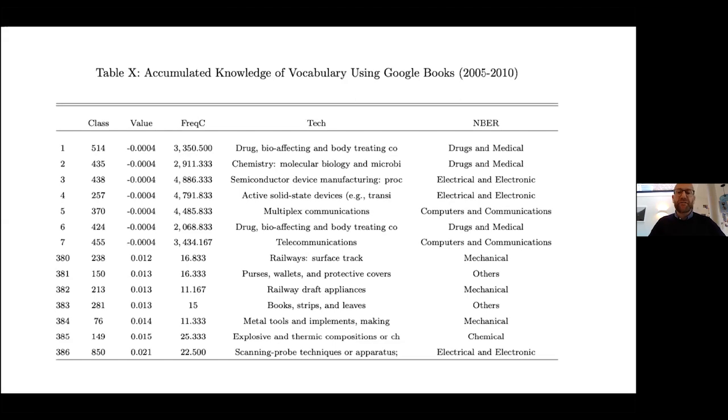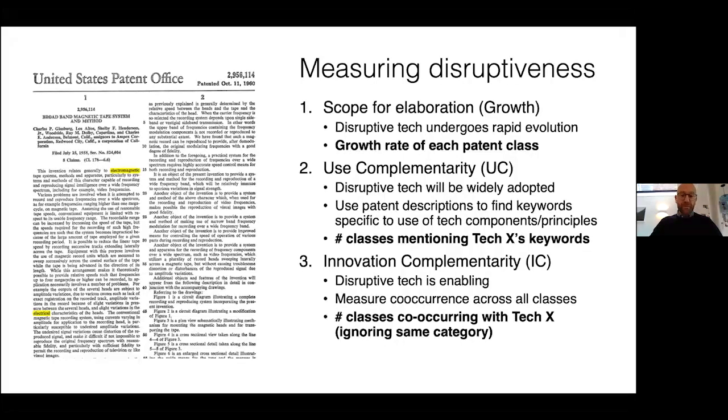There's some biotech stuff, some electrical and electronic semiconductors, some computer stuff, and so on. And again, 2005 to 2010, so not today, but close enough. And then at the bottom, we see some stuff about railway technologies, book printing, and so on. So at first blush, at least, we get results that broadly make sense and confirm the generality of our approach.